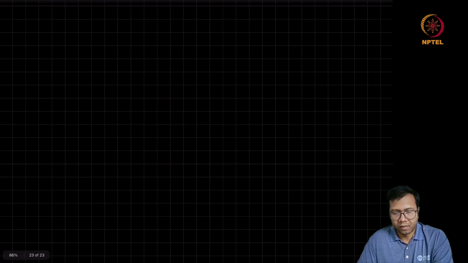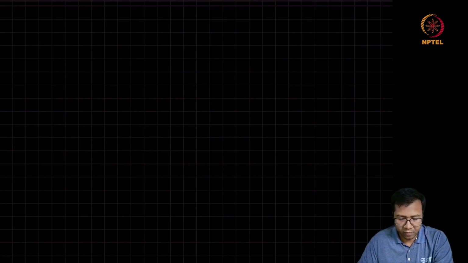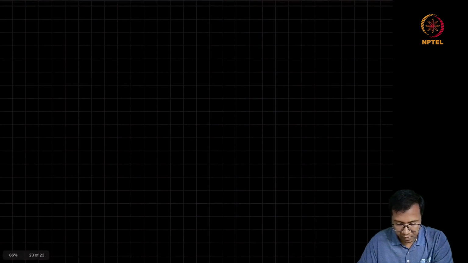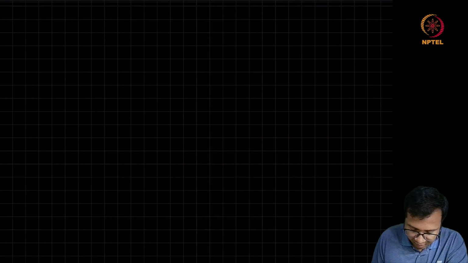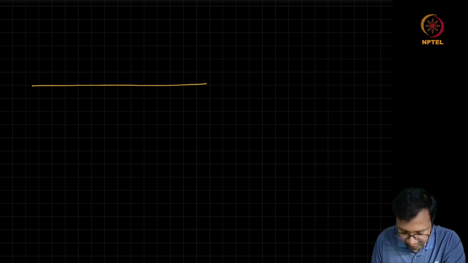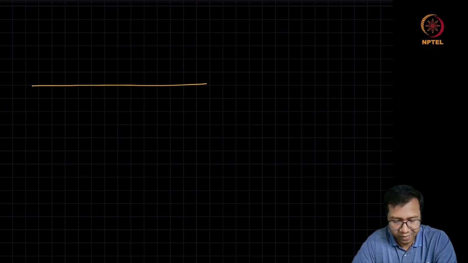Many times the cap density which we are getting, this 1 to 2 femtofarad per micron square, is not sufficient, and we want even higher cap density. So this can be achieved by knowing the fact that when we are designing these MOSFETs, the gate oxide is very, very thin.